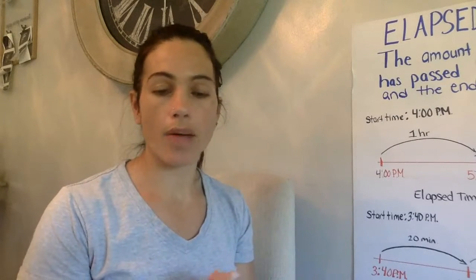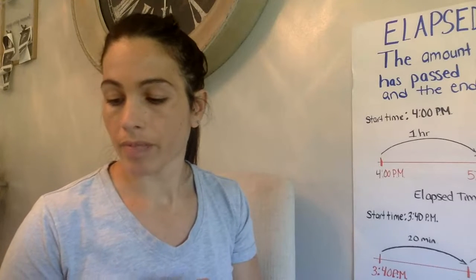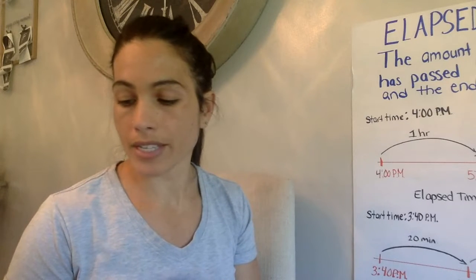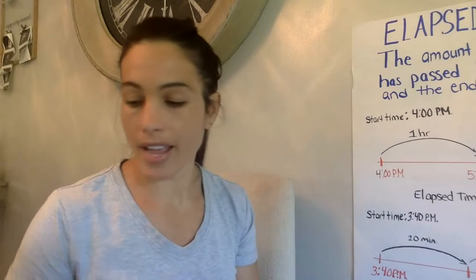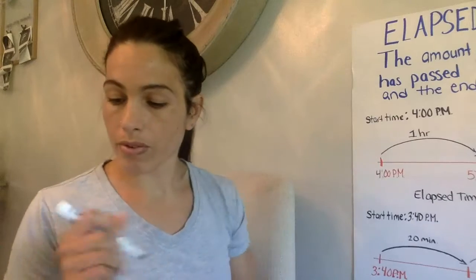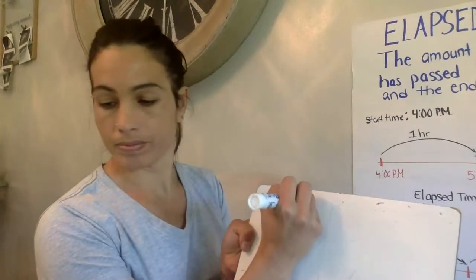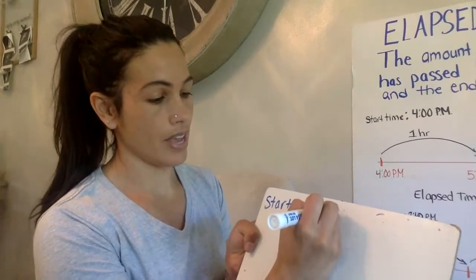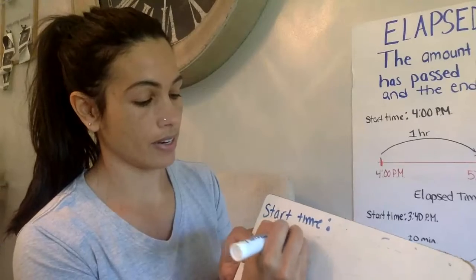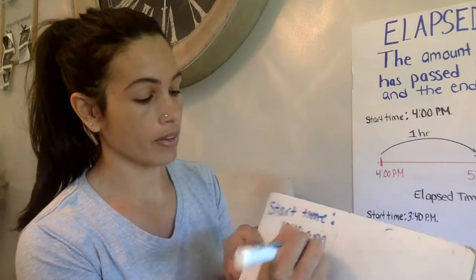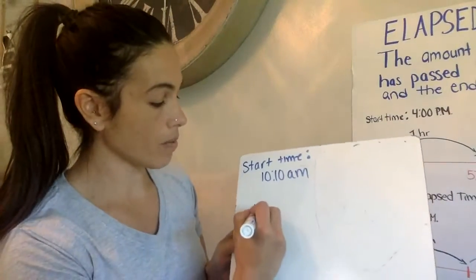So let's say, I'm going to read this problem. John makes posters for his family. He takes 40 minutes to make the posters. He started making them at 10:10 a.m. So if our start time is 10:10 a.m., and we know it takes 40 minutes, you might not even need your number line.